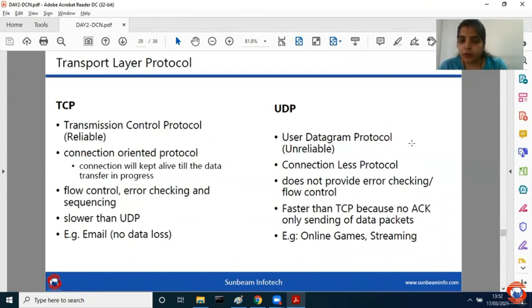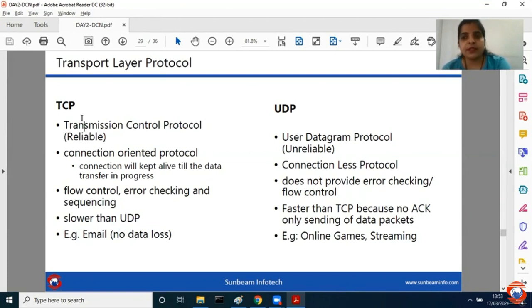That means if I talk about 100% delivery of data, then I will go for the TCP protocol. So email is the best example of TCP. TCP stands for Transmission Control Protocol. It is accurate data delivery in the same format in which you have sent. There is no loss of data in case of TCP. It is better, but it takes a little time.